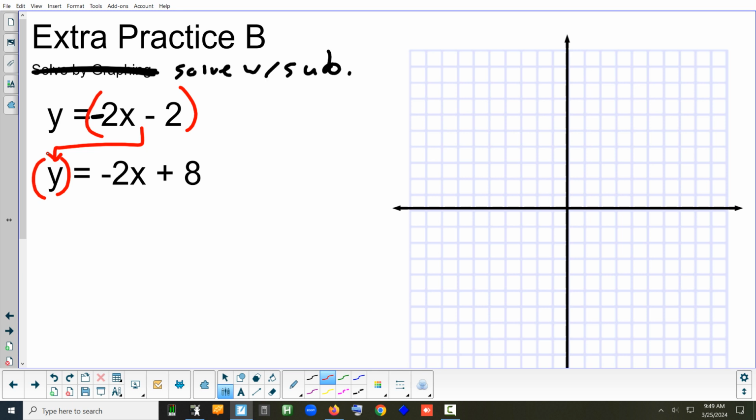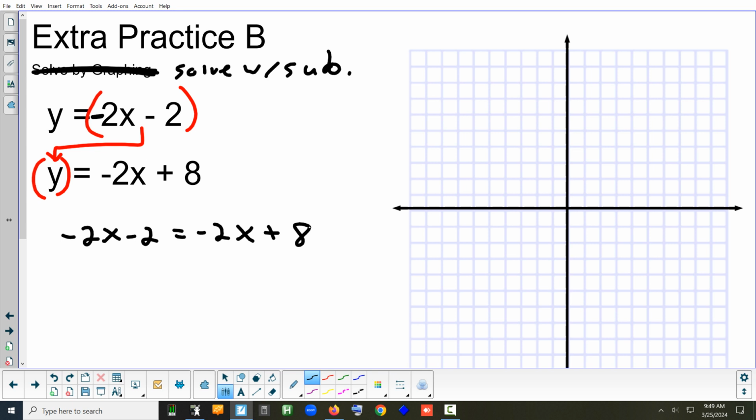Okay. So you tell me, what do you get when you do that? What's going to be our new equation when we replace the y on the left with the stuff from the top? Negative 2x minus 2 equals negative 2x plus 8.